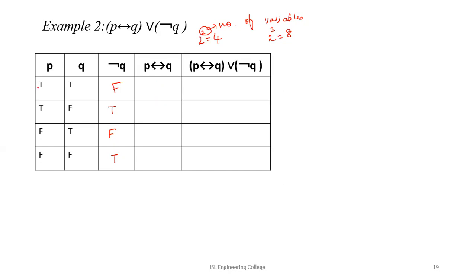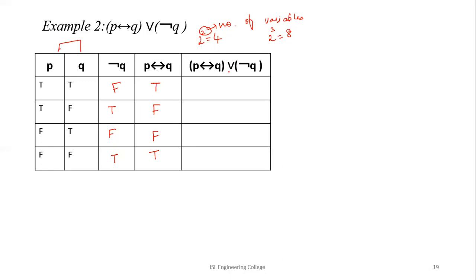So over here we have to look for these two columns, and the biconditional is true when they have the same values. So P is true, Q is true. So we will put it true over here. And P is true, Q is false, so we write false. Similarly, false, and since both of them are false, this will be true.